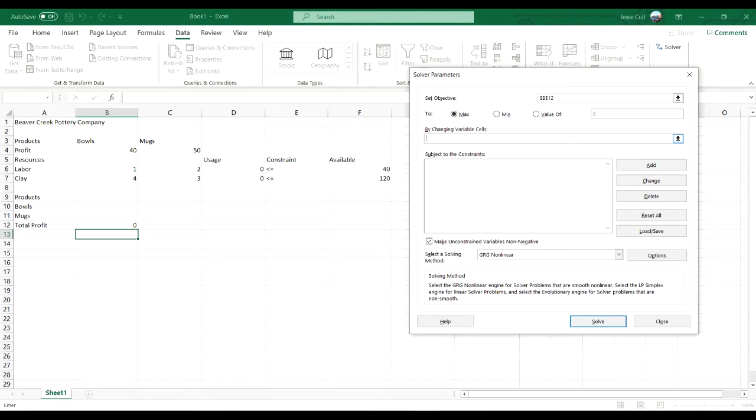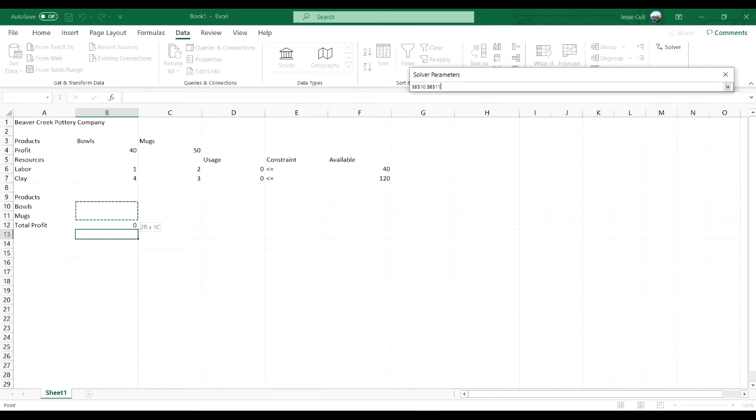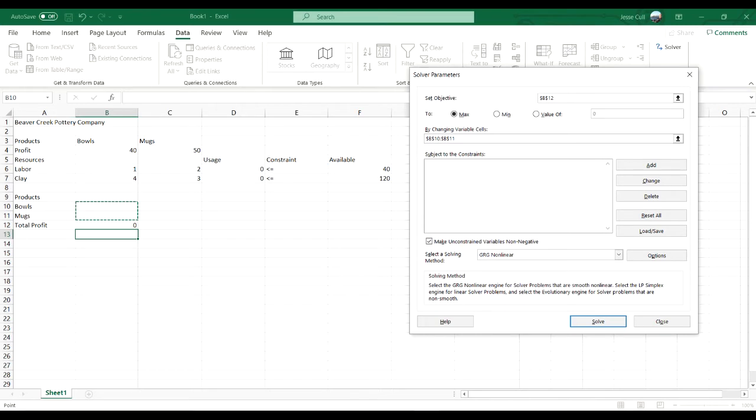I just said we're using solver to figure out how many bowls and how many mugs we're going to produce. So that's what we've indicated here, and that's where we enter that valid information. So we make this simplex LP.